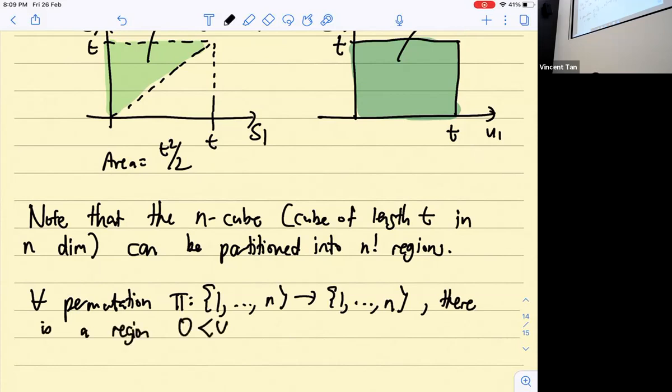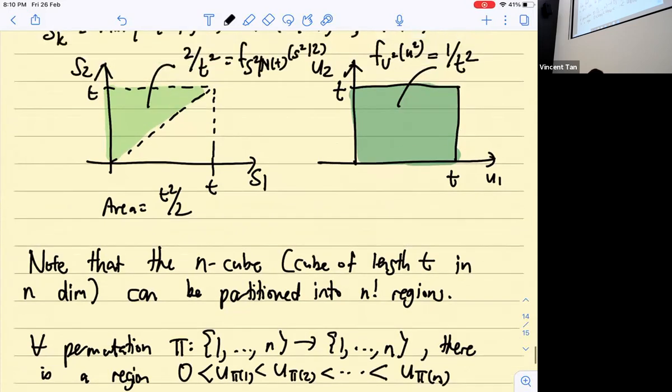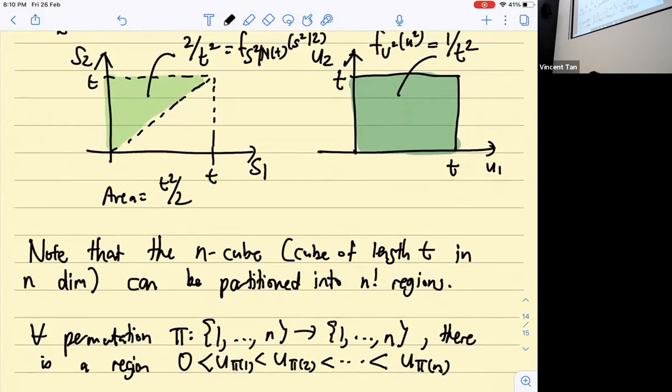Basically 0 less than U_pi(1) less than U_pi(2) less than dot dot dot less than U_pi(n). So this region here in particular, look at this. This is the region in which pi is the identity permutation, in the sense that I'm not permuting anything at all.